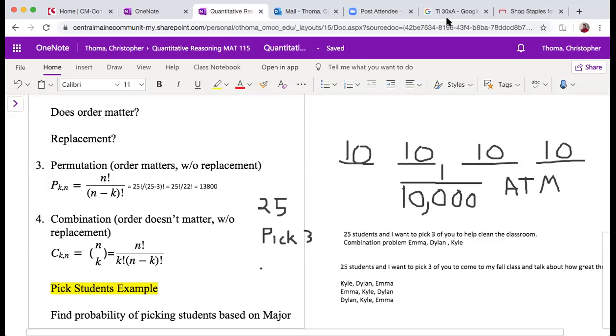What is nPr? nPr does this formula for you so you don't have to. So in my calculator, I would do 25, then hit the probability key, then pick nPr, then put in 3, and then hit enter, and I will get 13,800.